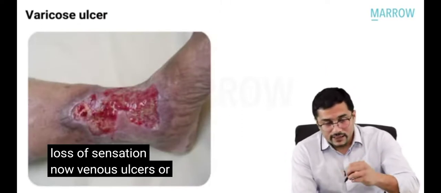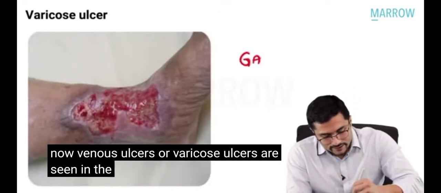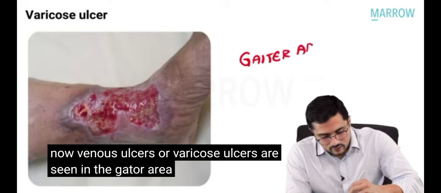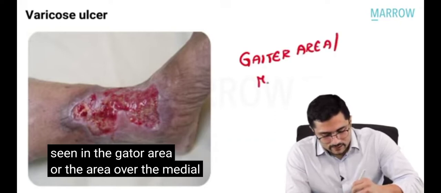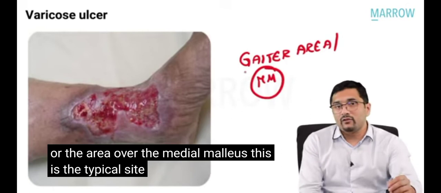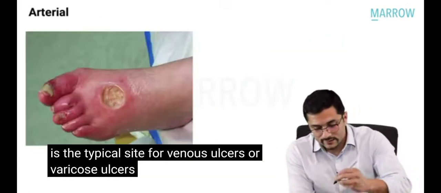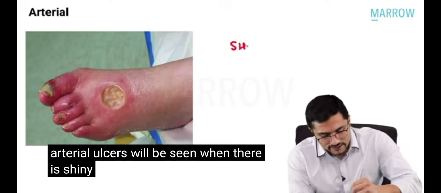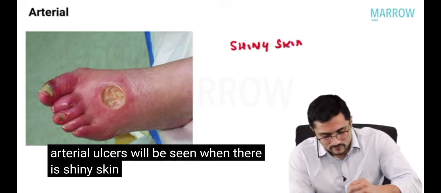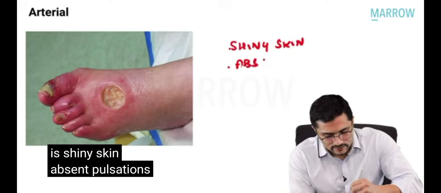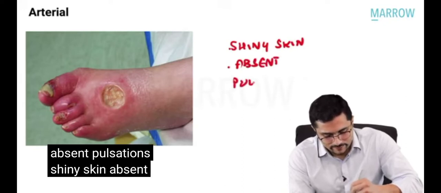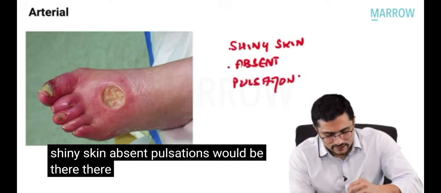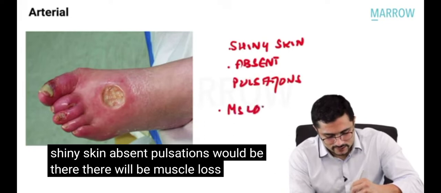Now, venous ulcers or varicose ulcers are seen in the gaiter area or the area over the medial malleolus. This is the typical site for venous ulcers. Arterial ulcers will be seen when there is shiny skin, absent pulsations, and muscle loss.